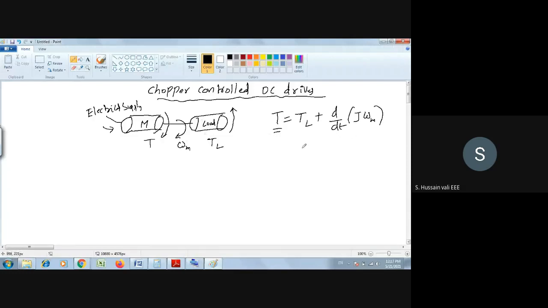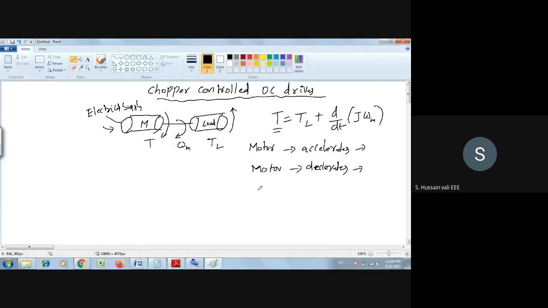Then there are two possibilities. Either the motor accelerates, which is speeding up, or the motor decelerates, which is slowing down.